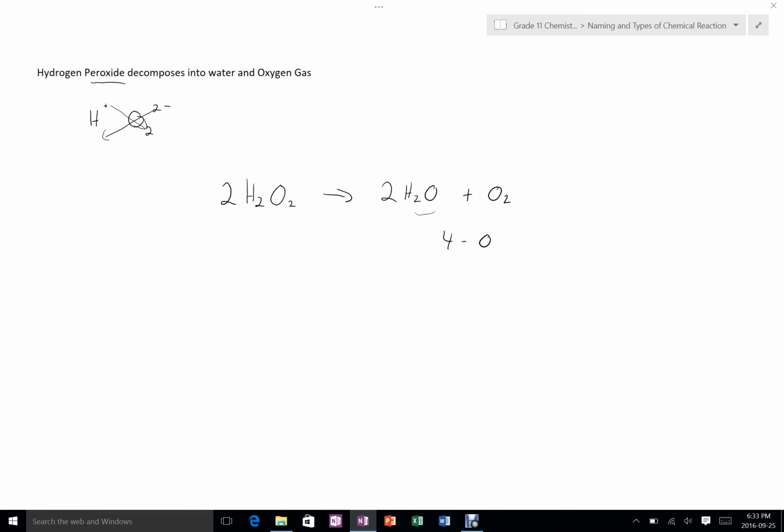Maybe a better way to think of that balancing is the same as what I've said in a past video: the reason I can't balance this is because of this diatomic here. Oxygen doesn't let me make as much oxygen as I want to. So here I have 2 and here I have 1. So what I really wish was that this was 1.